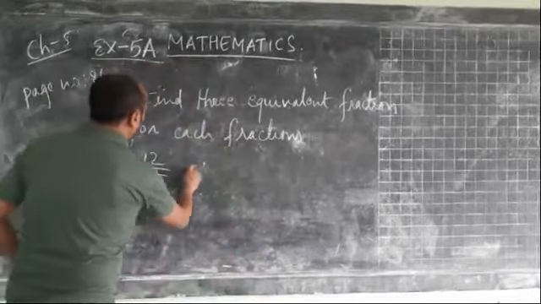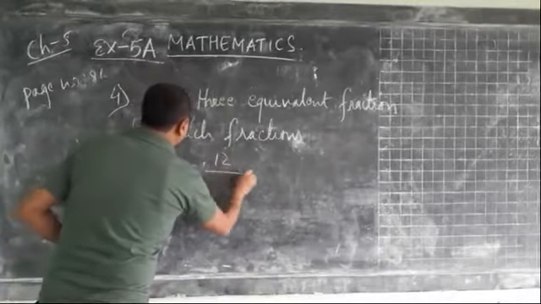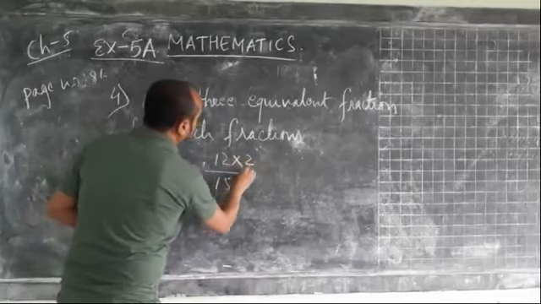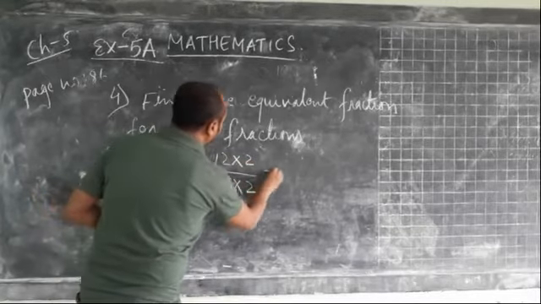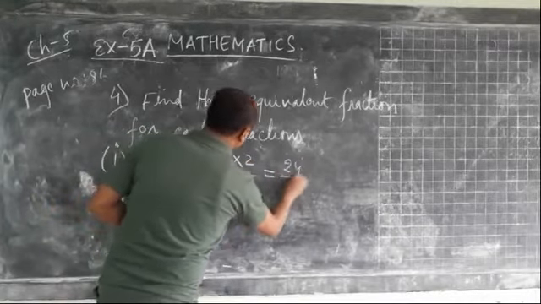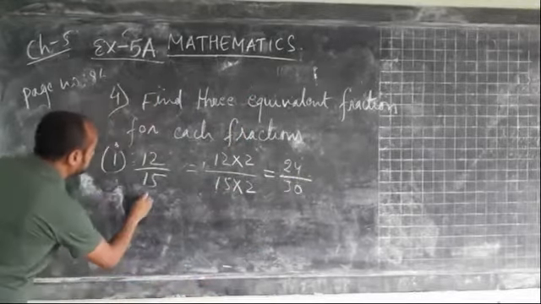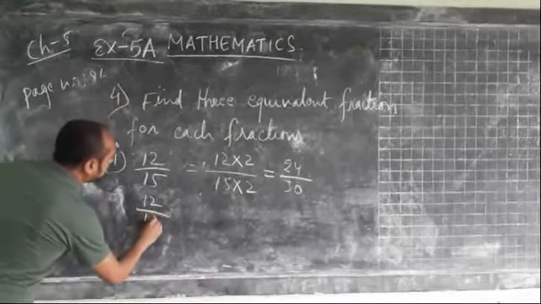So we can write this as 12 by 15. If we multiply both numerator and denominator by 2, then we will get here 24 by 30. Similarly, for the second one we have 12 by 15.